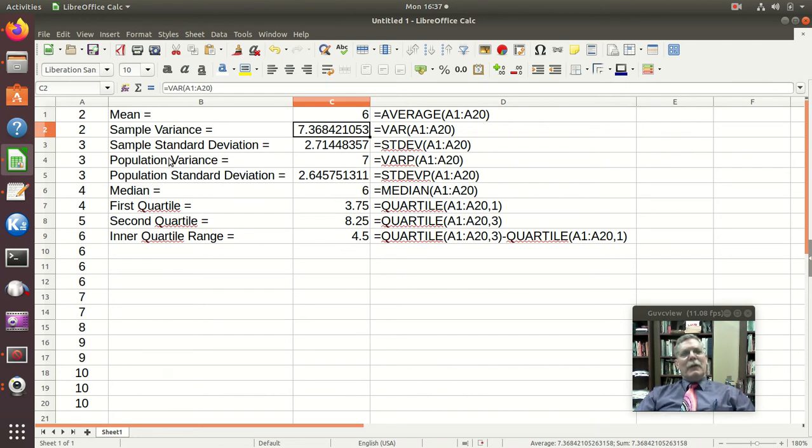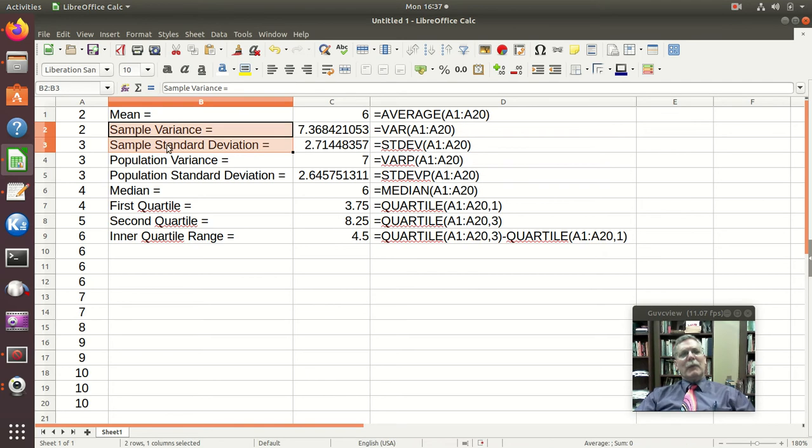Now, with variance and standard deviation, we want these two things, the sample variance or the sample standard deviation. Rarely in our class do we want the population variance or the population standard deviation. So they are slightly different commands.